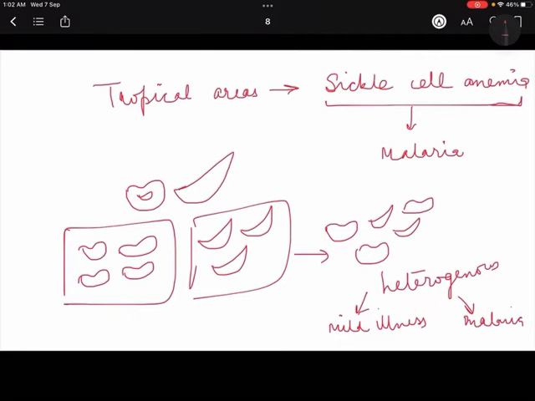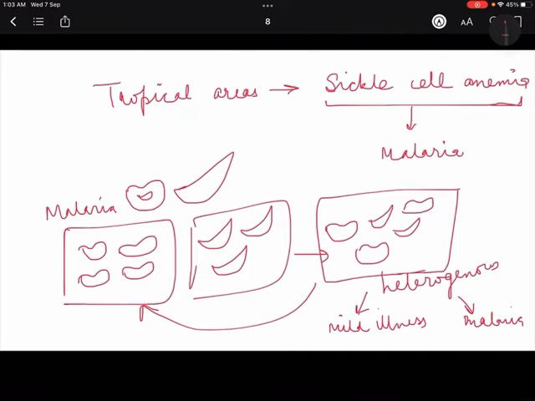So in tropical areas, people who have this kind of RBCs are favored more as against the normal ones, because the normal ones, if they do not die from sickle cell, are prone to malaria a lot, and a person who has pure sickle cell shaped RBCs will be resistant to malaria, but will be very severely affected by sickle cell.